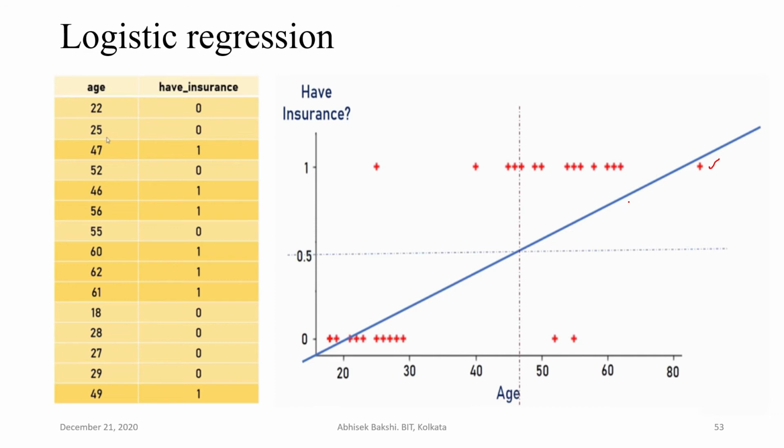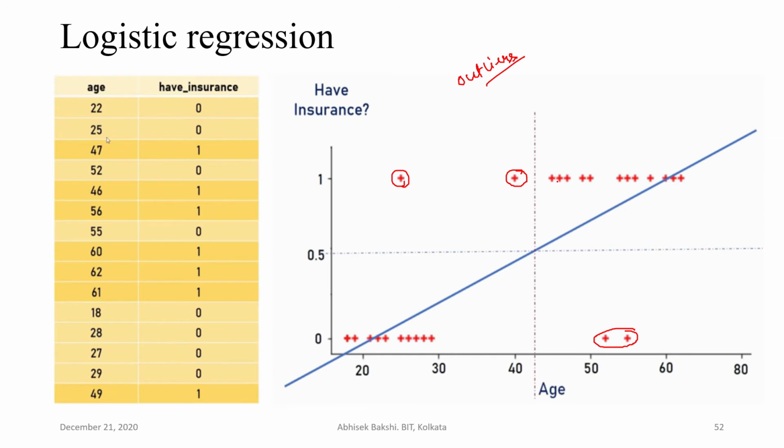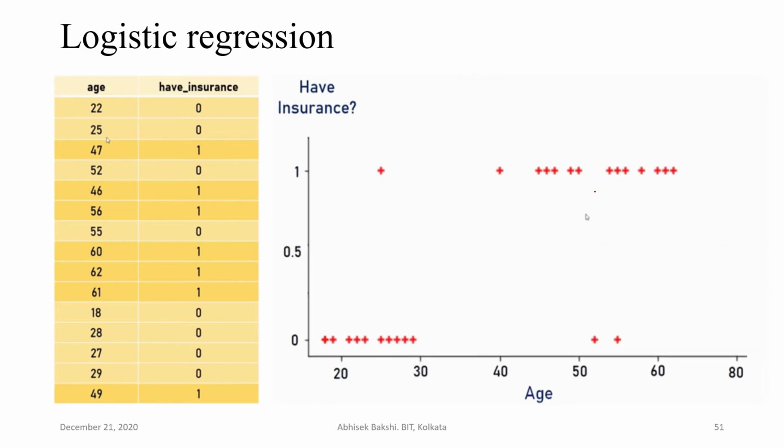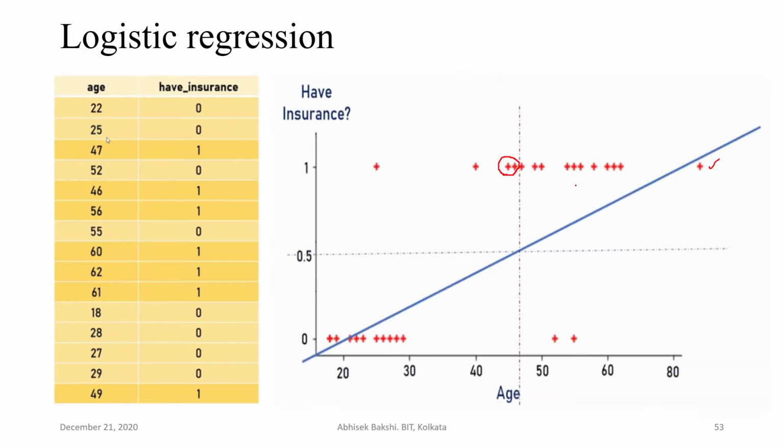Now, when the curve has changed, what will happen? You see, if you take the 0.5, these 2 points, which were previously on this side, have now come to this side.